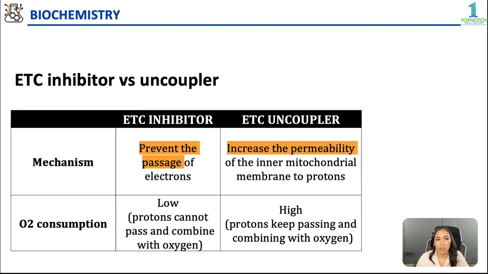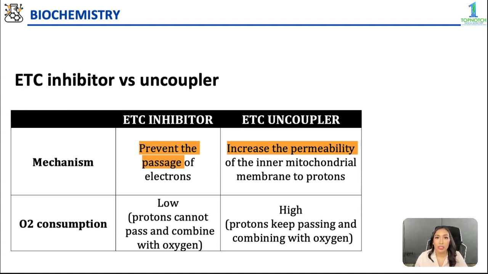Ano ba ang ETC inhibitor versus uncoupler? So, ETC inhibitors prevent the passage of electrons, while ETC uncouplers increase the permeability of the inner mitochondrial membrane to protons. So, sa ETC inhibitor, yung movement tumigil. Sa ETC uncoupler, yung movement tuloy-tuloy lang pero walang gradient.